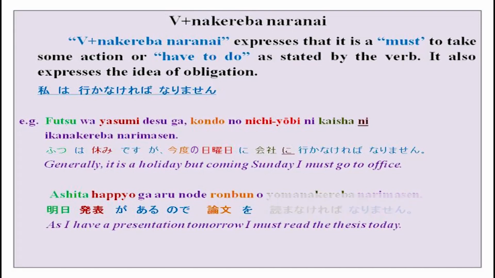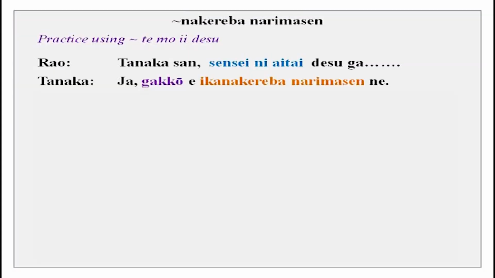So, yomanakereba narimasen, or ashita happyou ga aru kara ronbun no renshu o shinakereba narimasen. You can also use that. So, you can make different sentences and try to use nakereba narimasen, which is a must. Well, now let us practice.